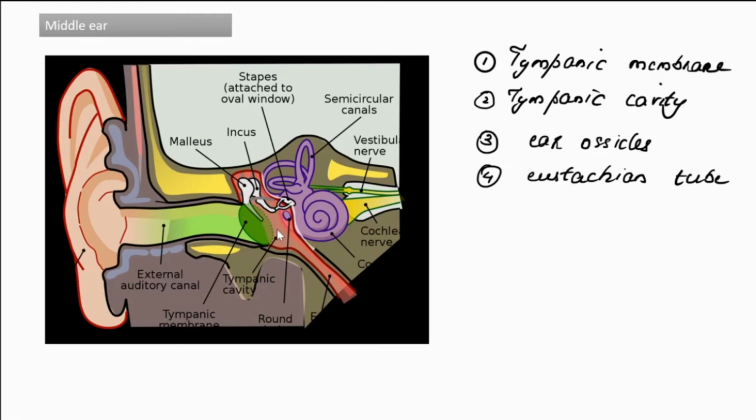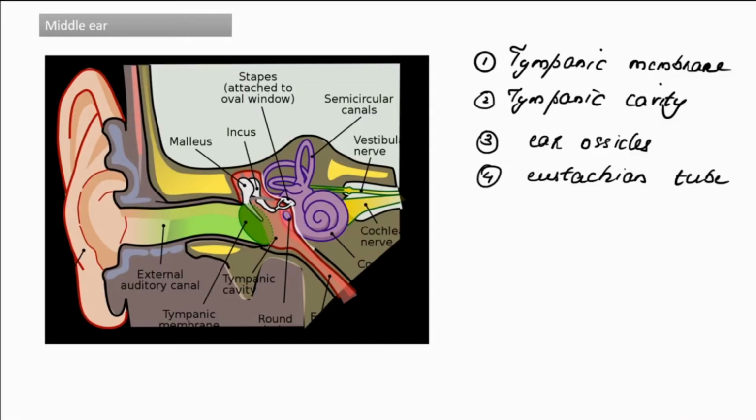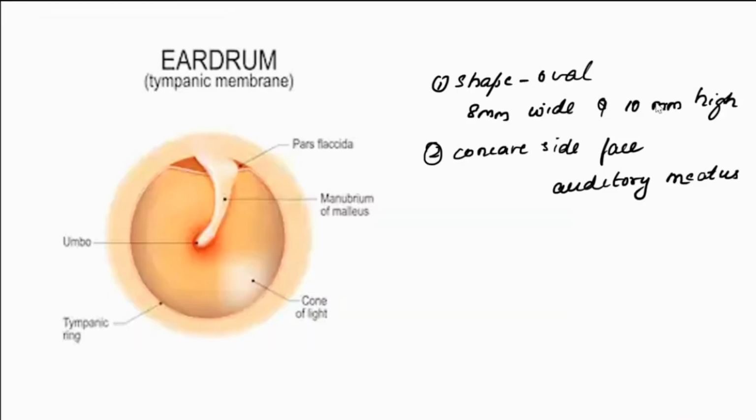So that's about the eardrum or tympanic membrane.